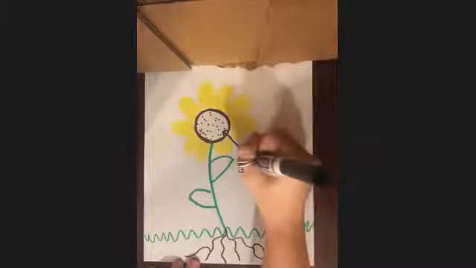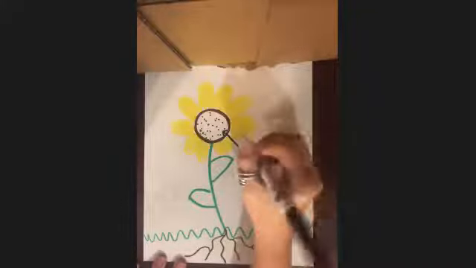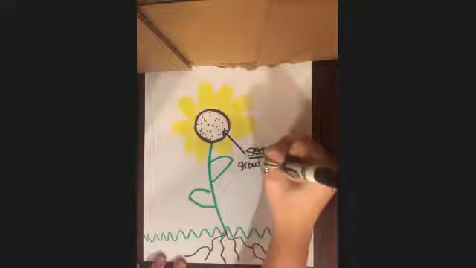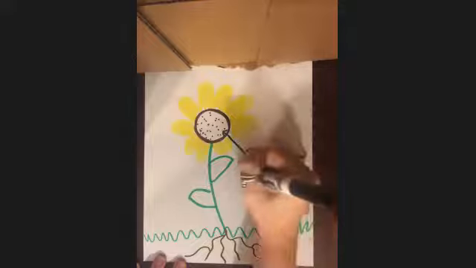When it blows real windy, it will take those seeds out of the center of the flower and take them all over the place. And if the seed is lucky, it'll end up turning into a flower one day. So seeds are things that grow into new plants.